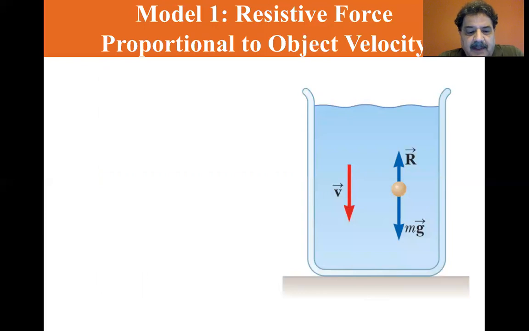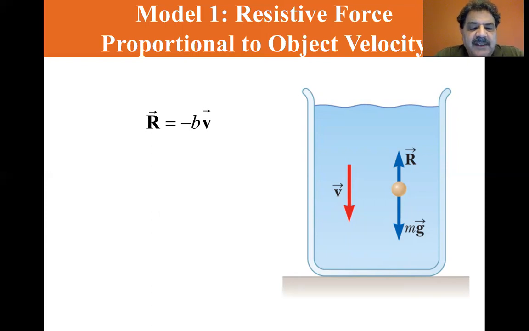Okay, let's look at the model where the resistive force is proportional to the object's velocity. The resistive force is equal to minus B times V. B is a constant, and the value depends on the properties of the medium and on the shape and dimensions of the object.